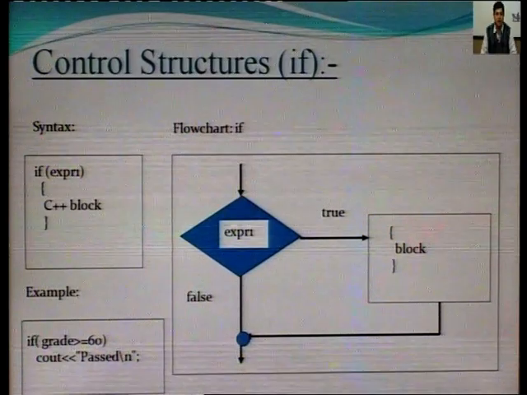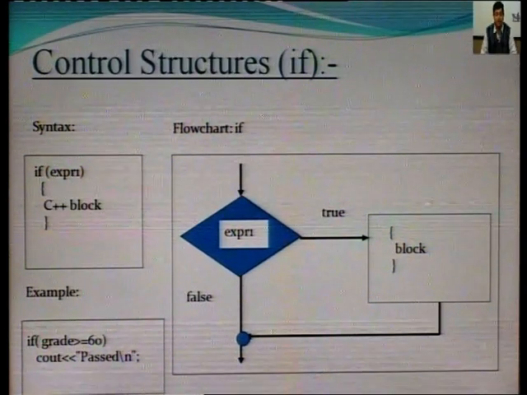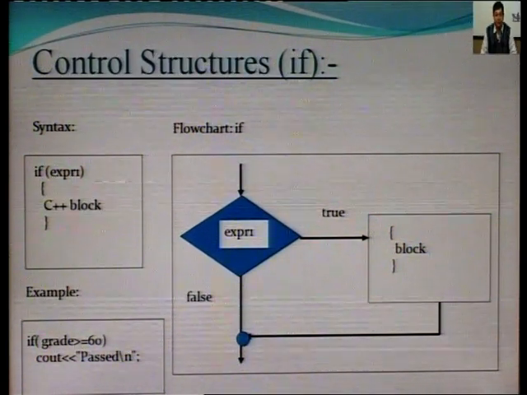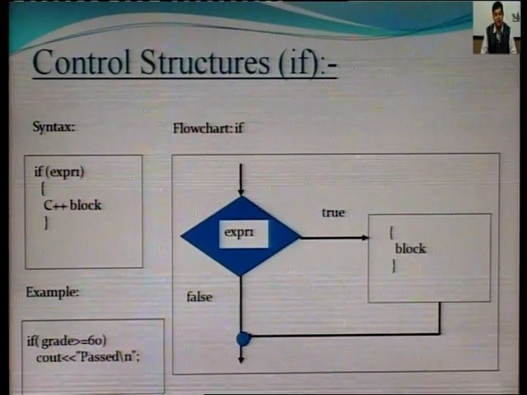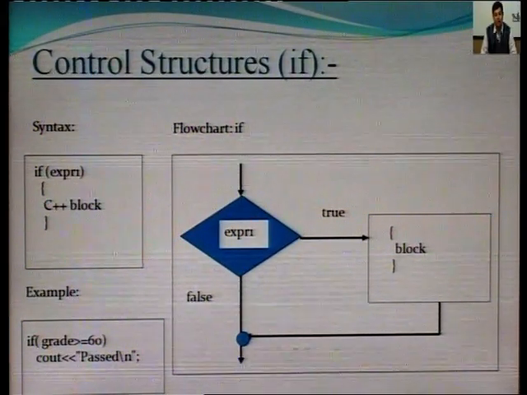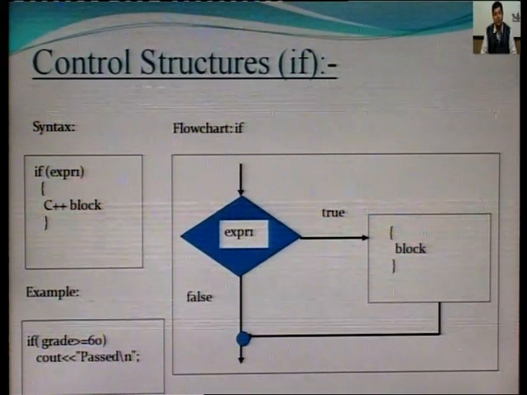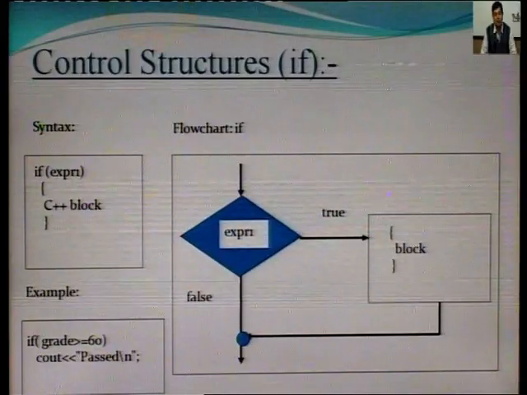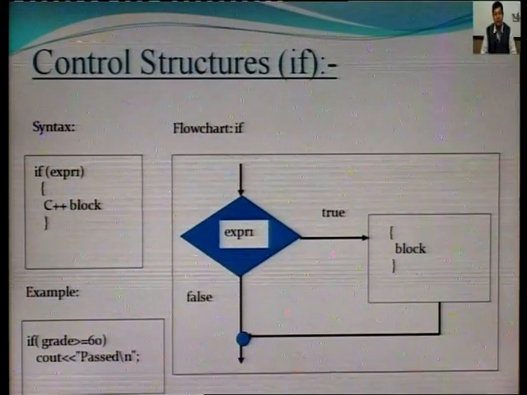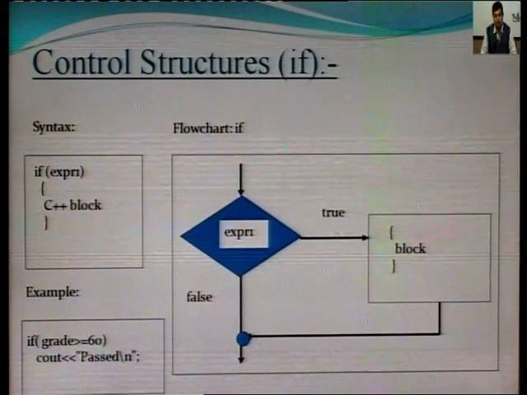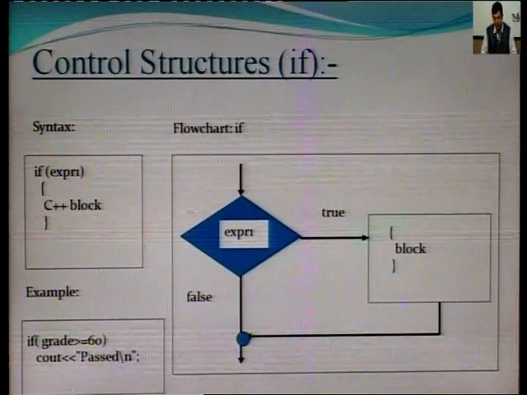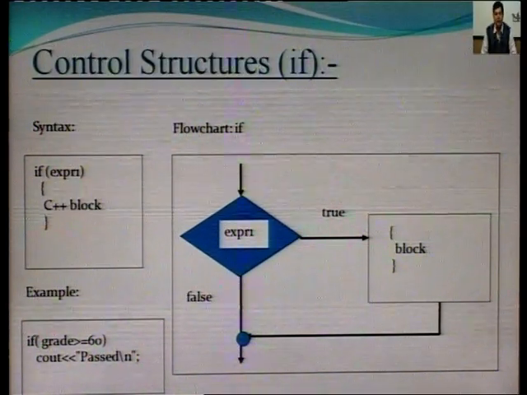For example, the expression could be grade is greater than or equal to 60, and then the message will come as passed. If the grade variable has a value less than 60, it simply exits this statement and comes to execute the next statement, whatever it will be.